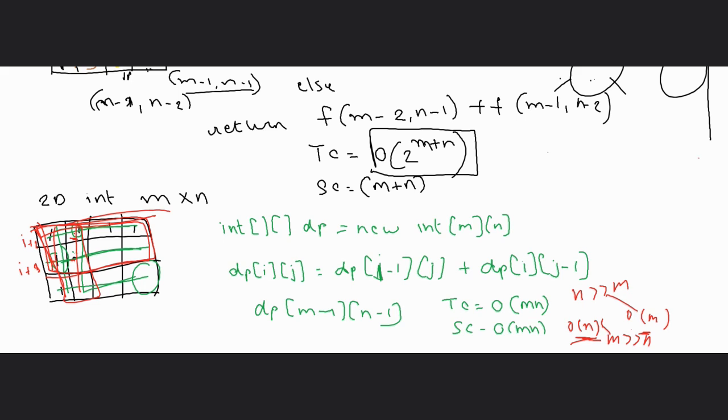Now let's go ahead and write the code. I will write the recursive solution first, and then I'm going to write the DP solution. Public, the return type is integer because we are returning the number of unique paths. countPaths, integer m, integer n.